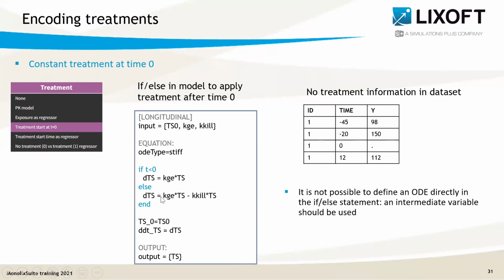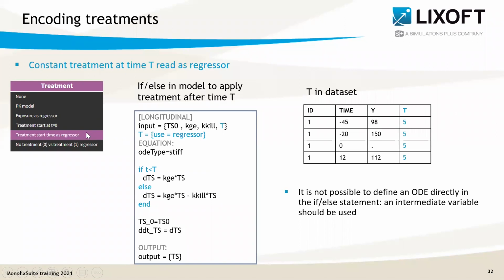This option uses an intermediate variable that you can see here, DTS, that then is inputted in the ODE equation for the tumor size. This is because it is not possible to define an ODE equation directly in the if-else statement in MLXtran. This is why we have this intermediate variable.